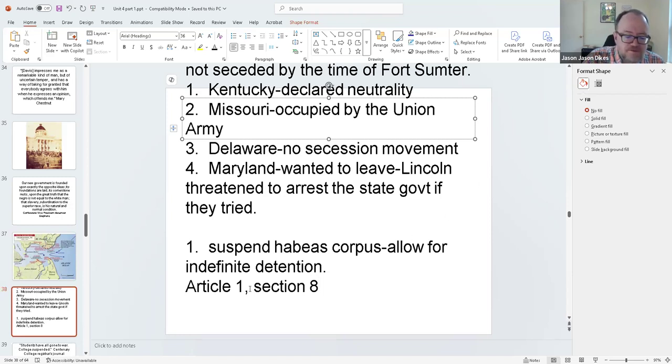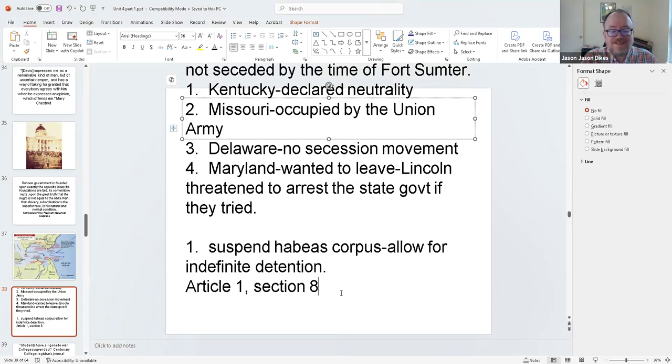The problem is that Article 1 is about Congress and the powers Congress has. Let me double check that. Yes. So it's Congress's power according to the Constitution.